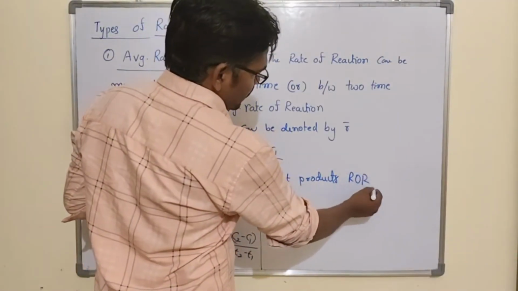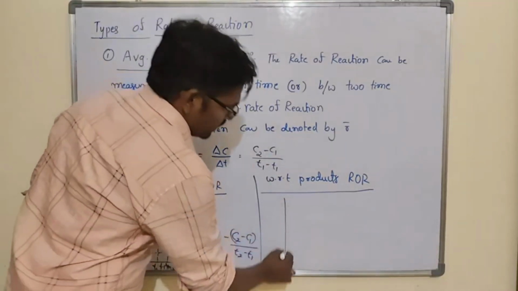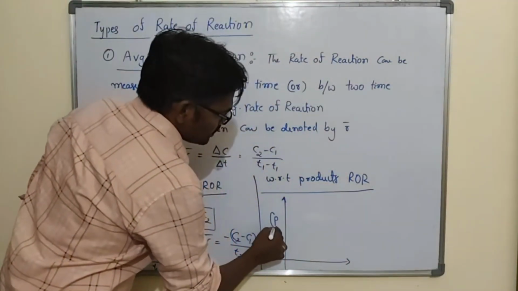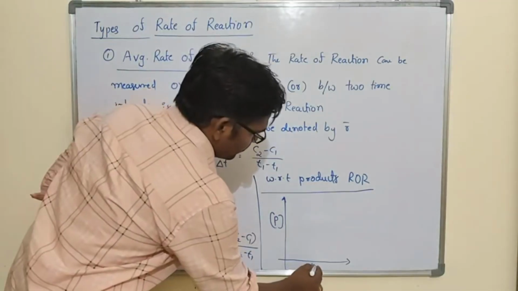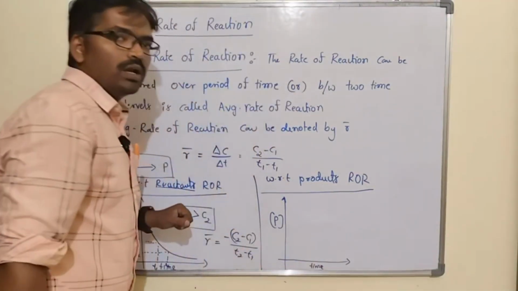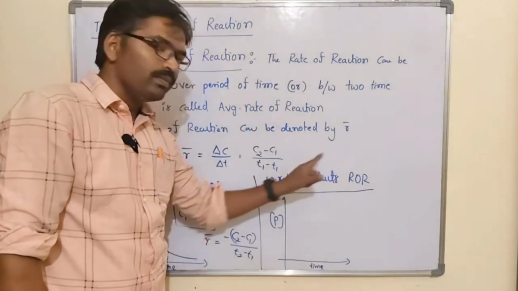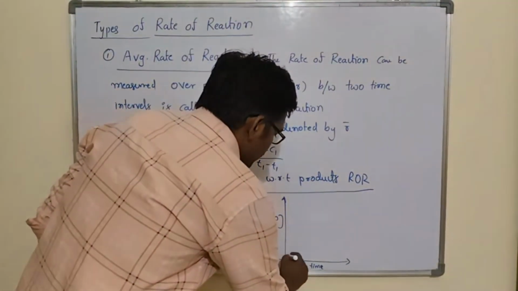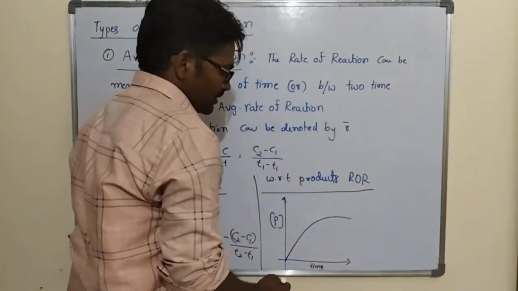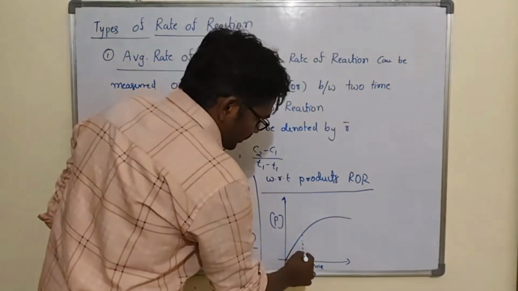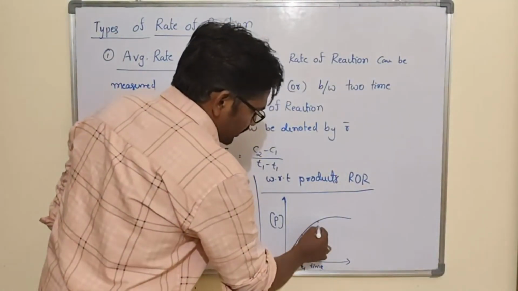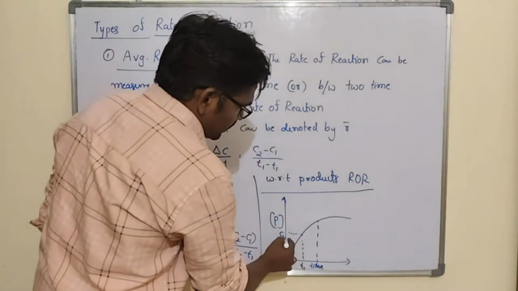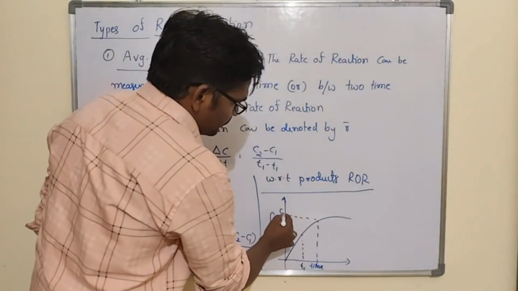Then with respect to products, if you want to measure rate of reaction, look at the graph. Product concentration versus time: I told that product concentration from 0 will increase exponentially, like this. Then at time T1 and at time T2, the concentrations are C1 and C2.